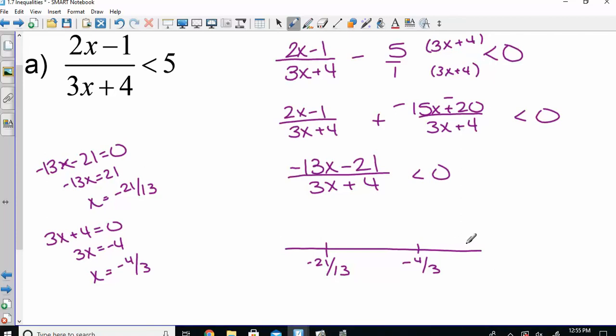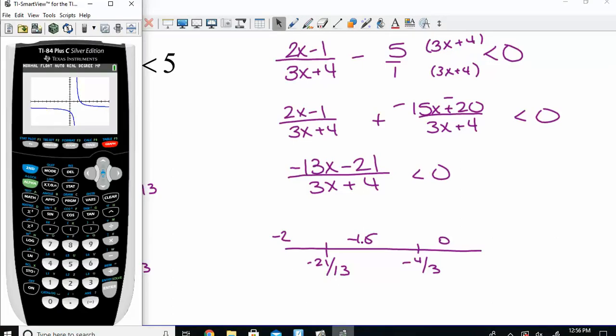If you pick test points on this one, you would have to use some decimals, which is no big deal. But if you were trying to do that, you could start with maybe a -2 here. If you look at the decimal approximations, -21/13 is like a -1.6, and this is -1.3, so you might put in like a -1.5 if you were wanting to plug in points, and then -0.